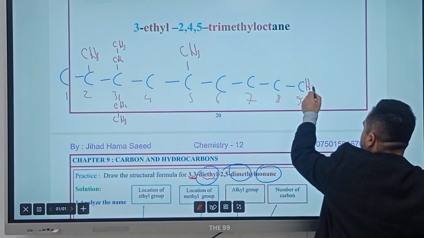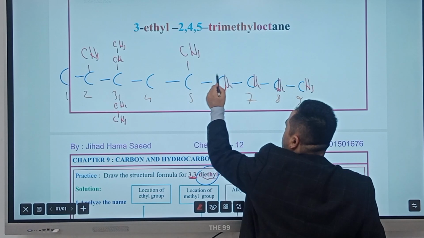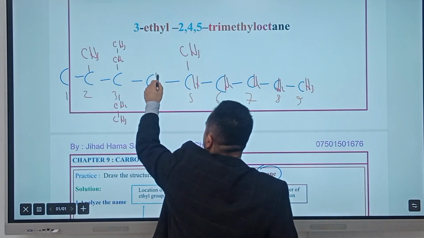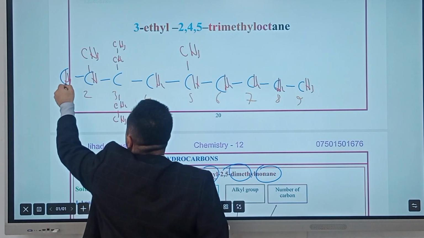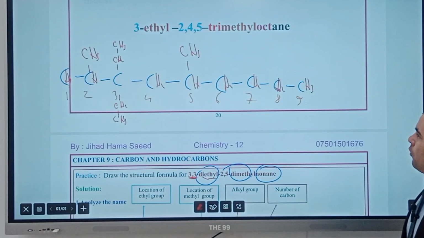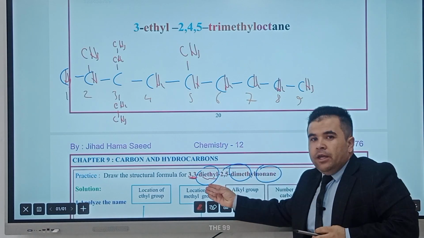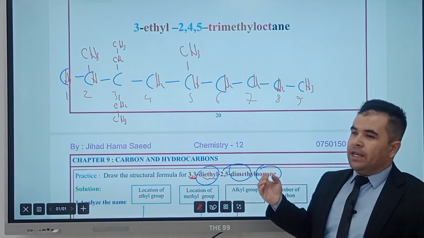And this is 3 hydrogen, 2 hydrogen, 2 hydrogen, 2 hydrogen, 1 hydrogen, 2 hydrogen, no hydrogen, 1 hydrogen, 3 hydrogen. That's the structure of 3,3-diethyl-2,5-dimethylnonane.